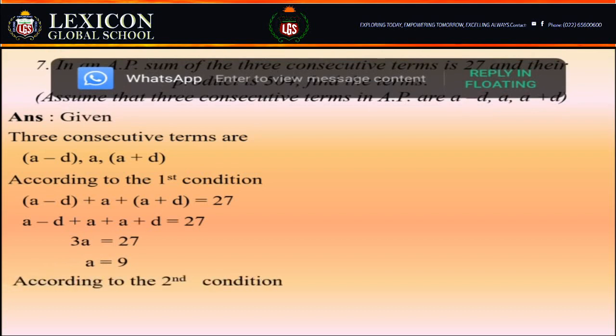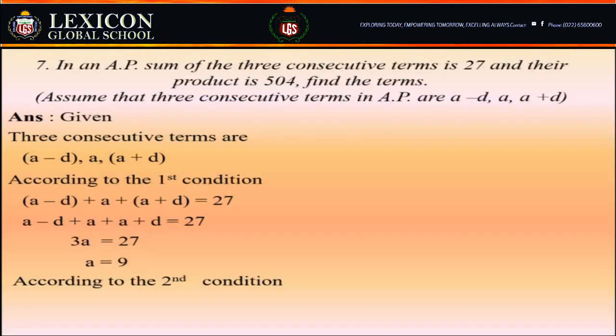According to the second condition, they have told me their product is 504. So, a minus d into a plus d is equal to 504. Since we have learned identities in our 7th standard, here we have to use one of our identities. And the identity which I had learned in my 7th standard was a square minus b square.